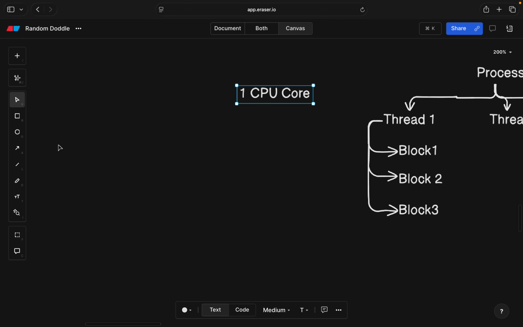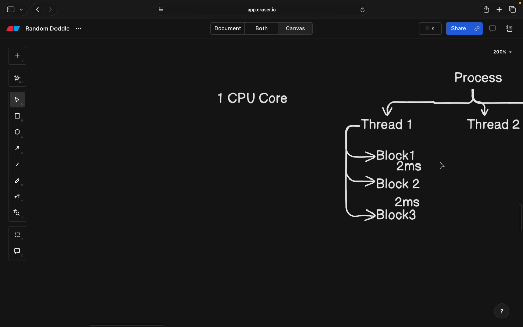Let's say if there is a wait of 2 milliseconds in between these two, we are gonna wait for that 2 milliseconds for the next thing to begin. We are just sitting around. Like let's say we are calling an API at block one and we are waiting for the response. We are just sitting idle, waiting for the response for the time being.